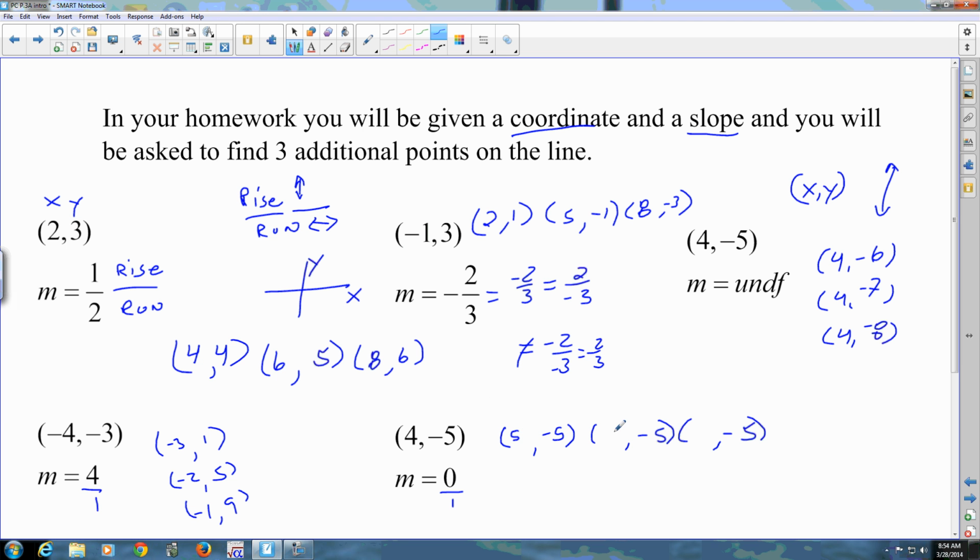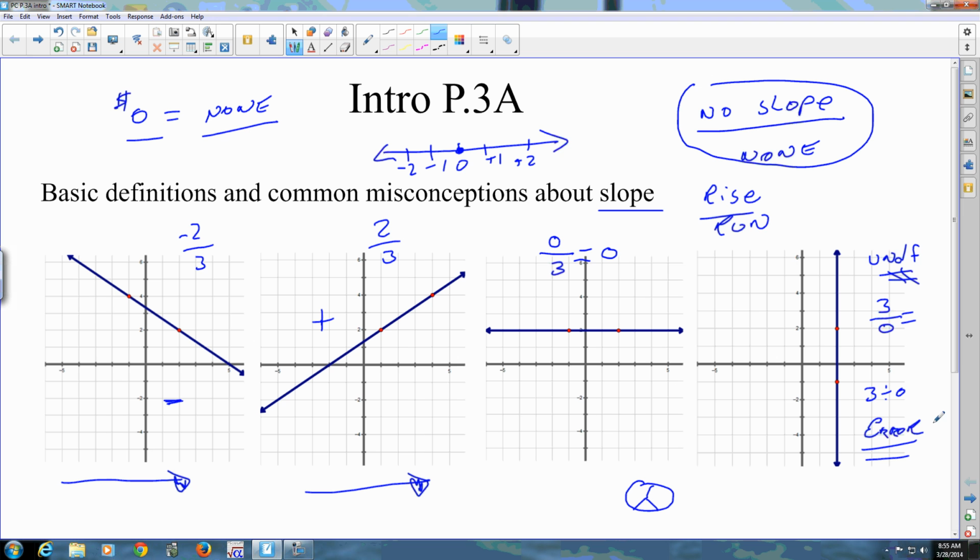Notice for a vertical line, the x value doesn't change. For a horizontal line, the y value doesn't change. Anything with a slope of 0 is a horizontal line. Anything with an undefined slope is a vertical line.